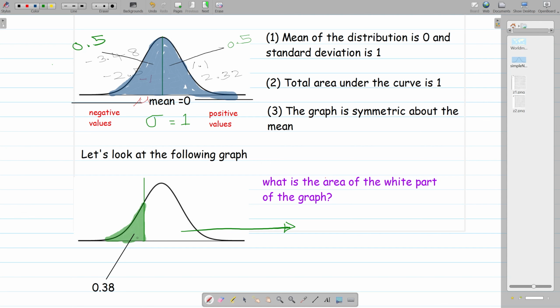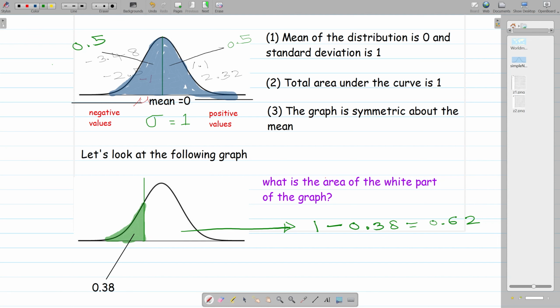We already know that the total area under the curve is 1. Therefore, the remaining area can be taken as 1 minus 0.38, since the total area is 1 and the left side area is given as 0.38. Then 1 minus 0.38 is 0.62. That is the area of the right side white part, the uncolored area.